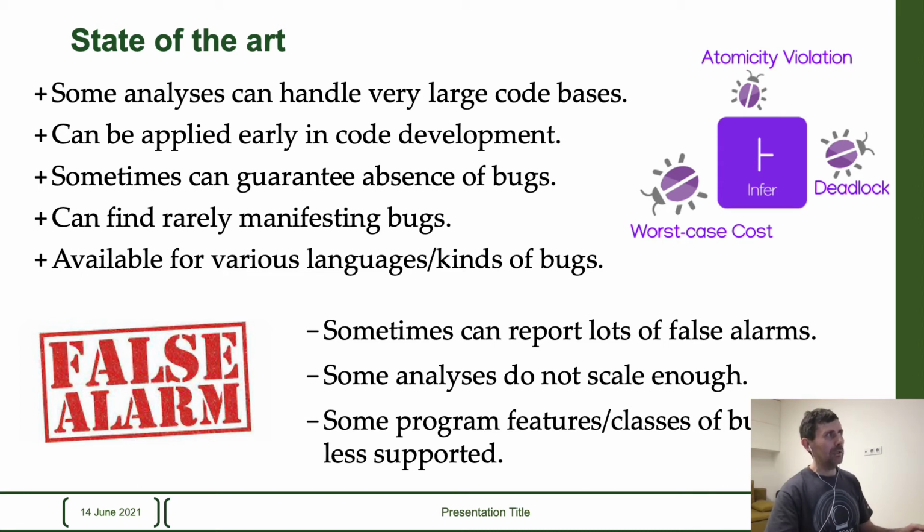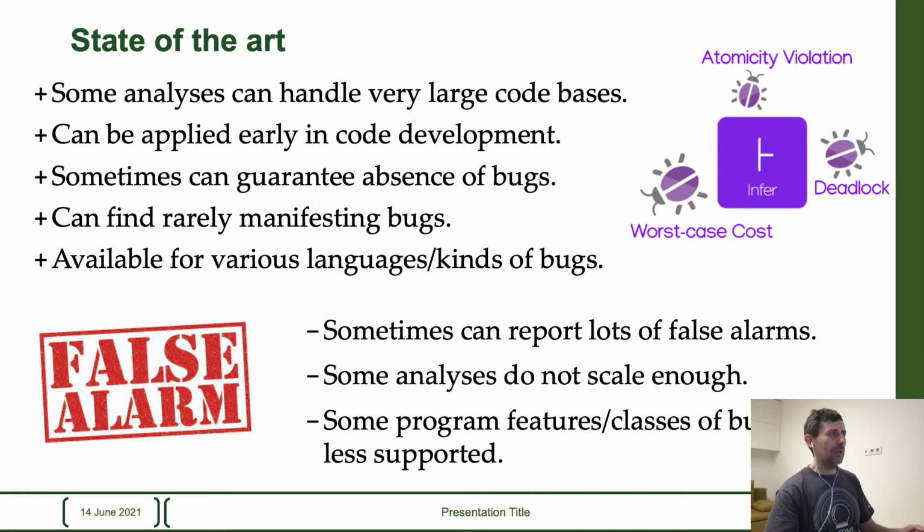They can be applied early in code development, sometimes can not only find bugs but also guarantee absence of bugs, can find rarely manifesting bugs, and there is support for static analysis in the form of various tools ranging from very costly commercial software to open source, both commercial as well as academic implementations. The tools are applicable to many different languages, kinds of bugs.